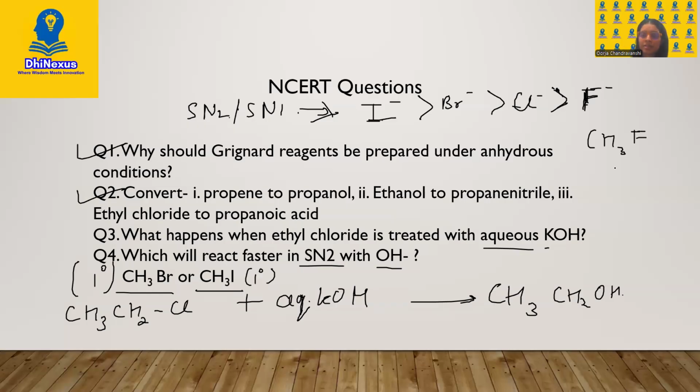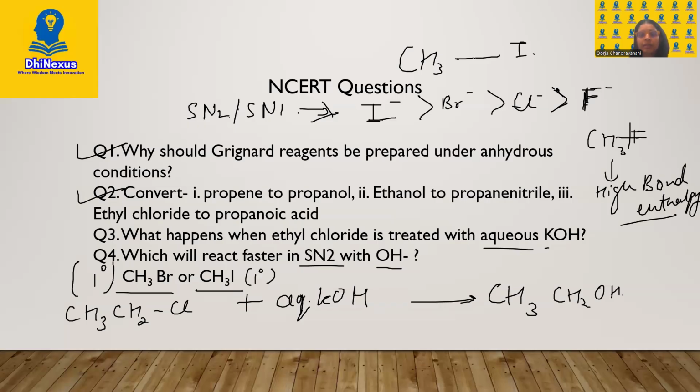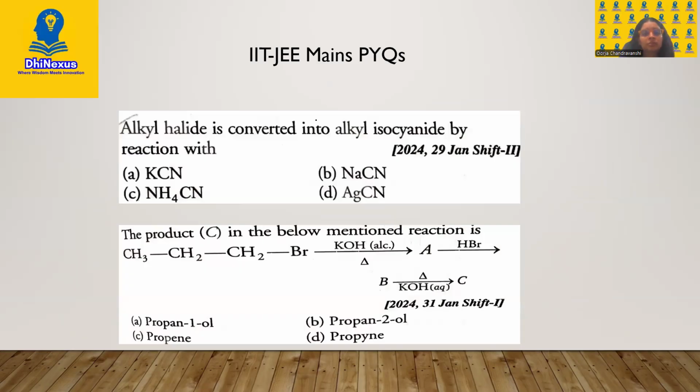The C-F bond has high bond enthalpy, so it becomes difficult to break. But on the other hand, the C-I bond is quite large and it is easier to break. So which one will be faster? CH3I, or methyl iodide.